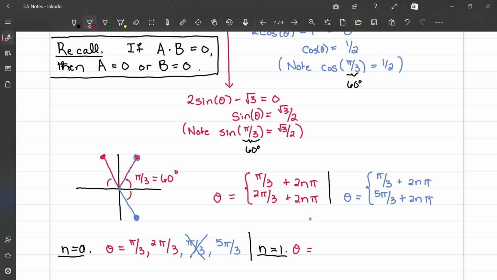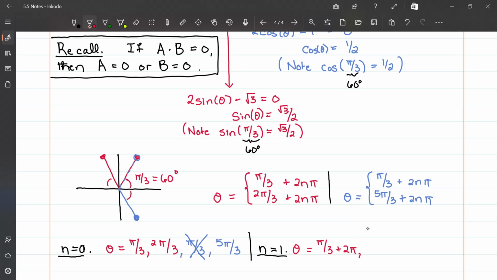For instance, when I put n equals 1 into the first line of the first system of solutions, I get pi over 3 plus 2 times 1 times pi, or in other words, plus 2 pi. Now, that's bigger than 2 pi. It has to be. 2 pi plus additional, that's definitely bigger than 2 pi.